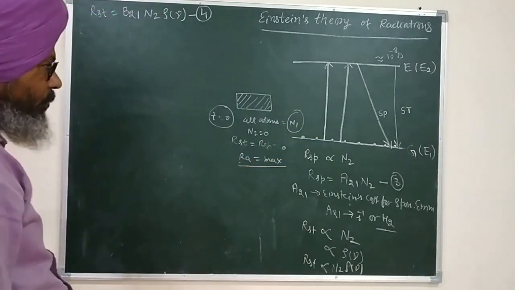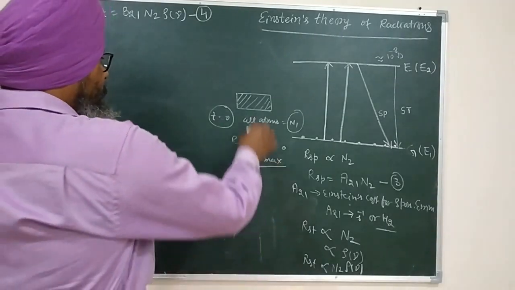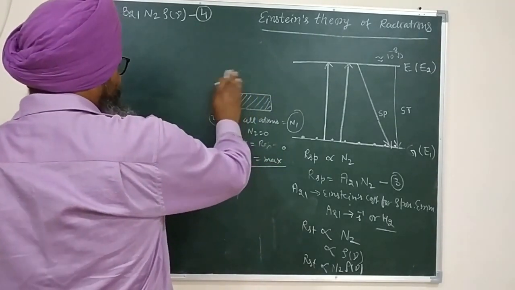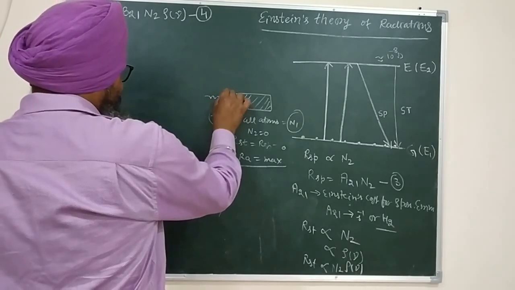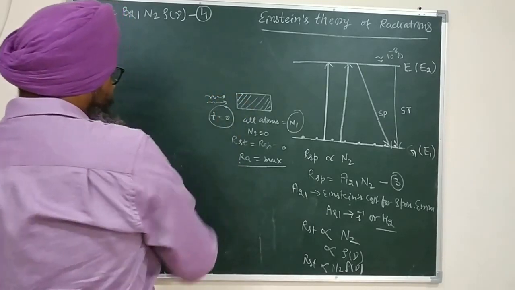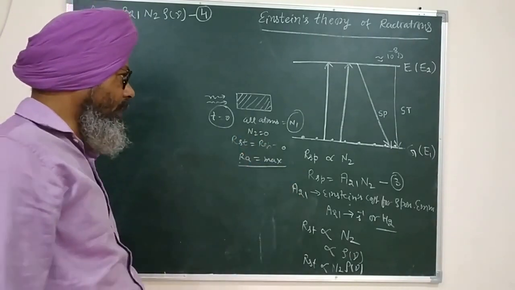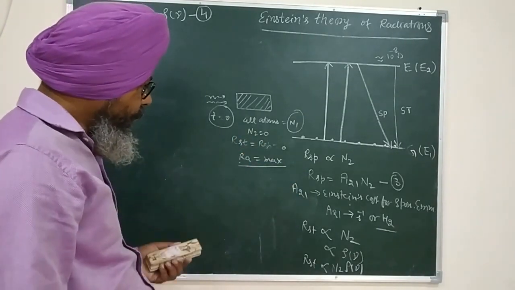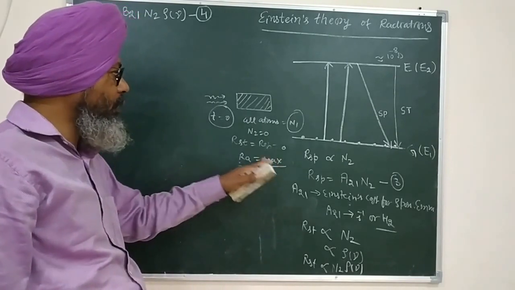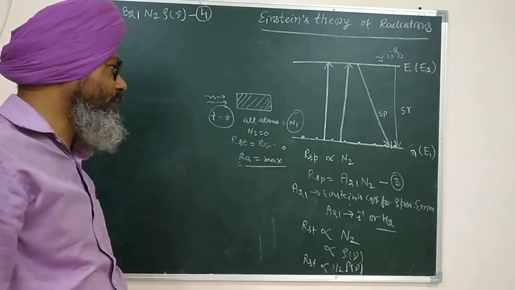So what is going to happen when I put incident light on the material? Let us say the incident light is coming from the left side. Then initially, since all atoms are in the ground state, the rate of absorption will be maximum and the rate of any kind of emission will be 0.